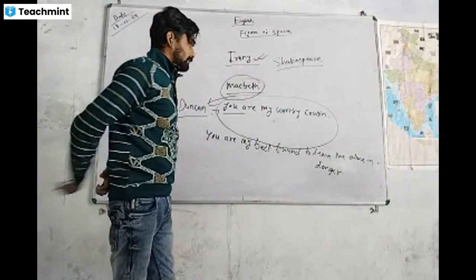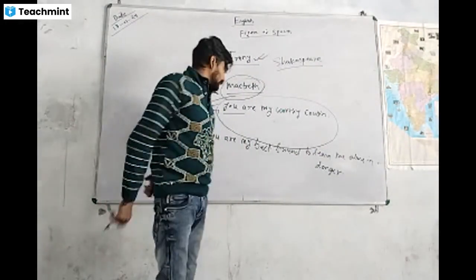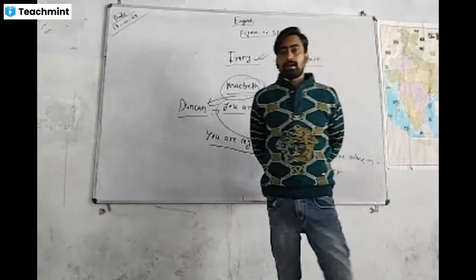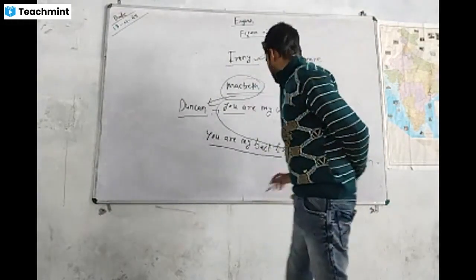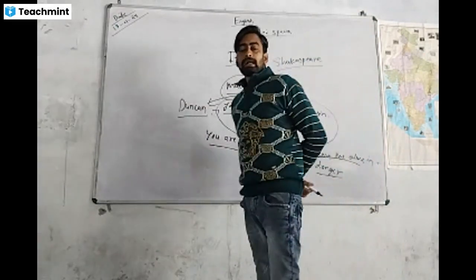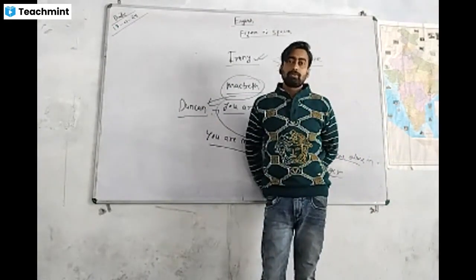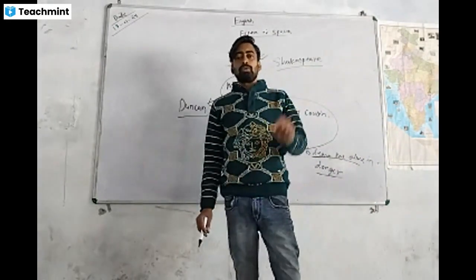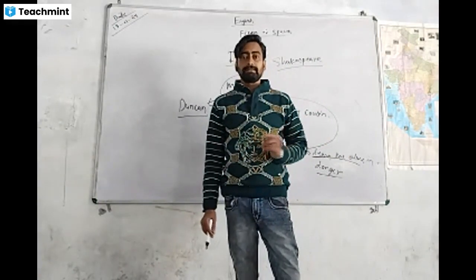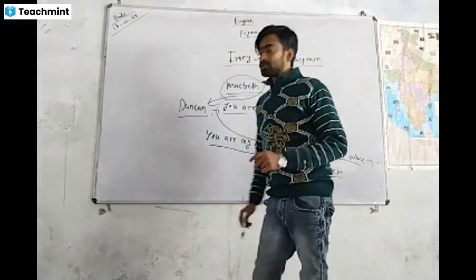The first part is, you are my best friend, and the second part is, to leave me alone in danger. Now you can find out that those who are best friends will never leave their friend in danger. But here it is the opposite.